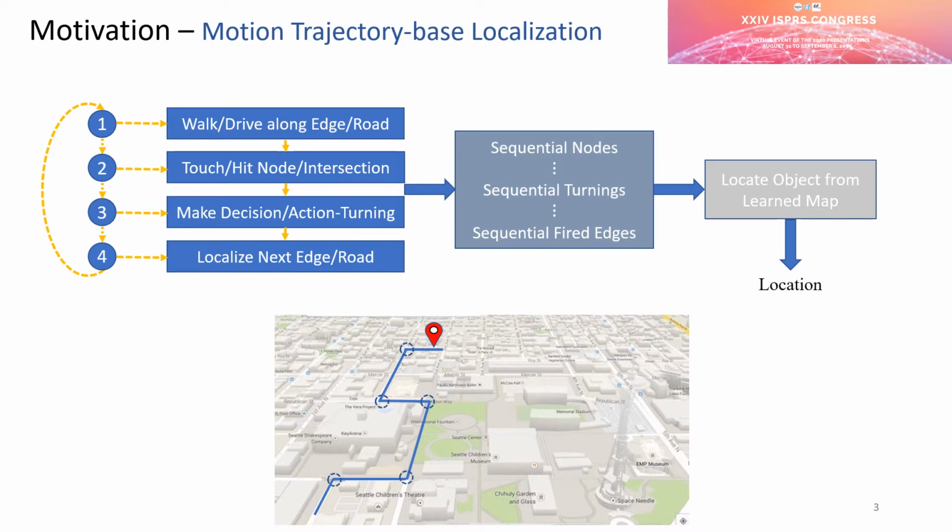After we make a turn, we continue along the road again and repeat the process. Eventually, we get to the destination. This process produces a sequence of nodes, turnings, and edges, which will be used as a training dataset to learn the map and localize our position based on the learned map.